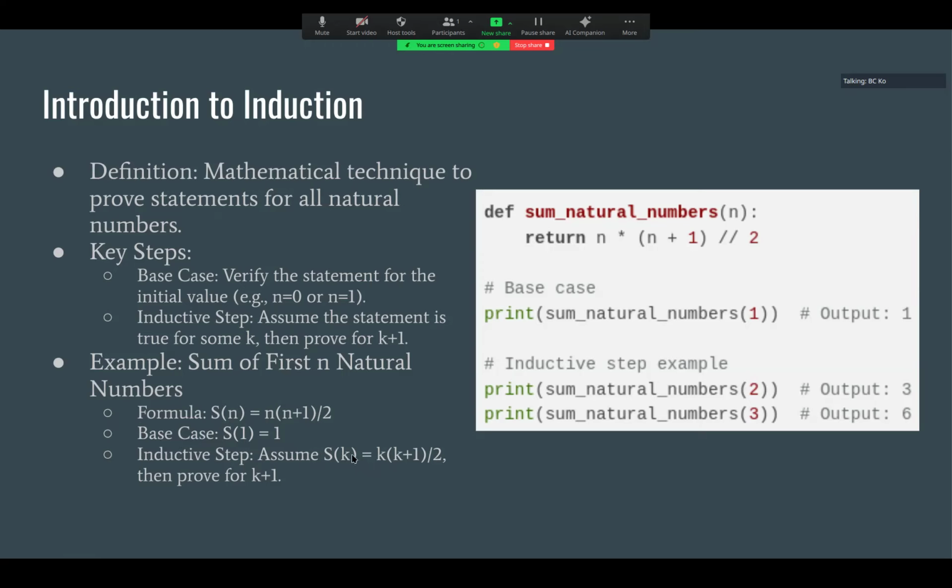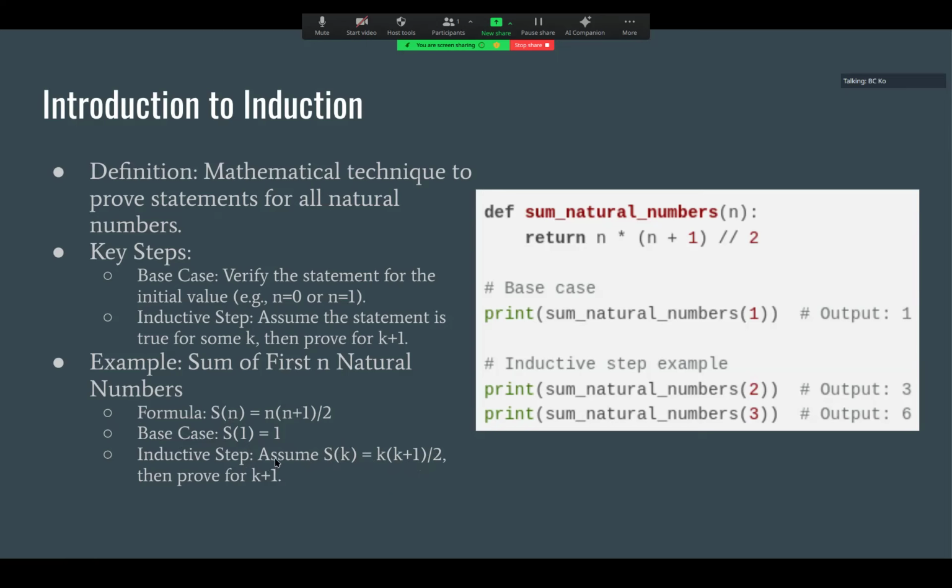That means Sk equals k times k plus 1 divided by 2. We then need to prove it for n equals k plus 1.